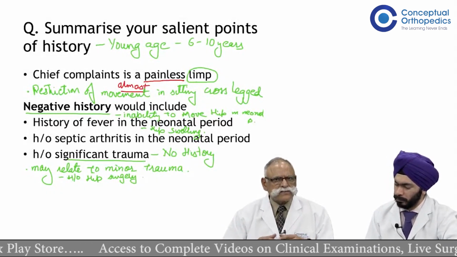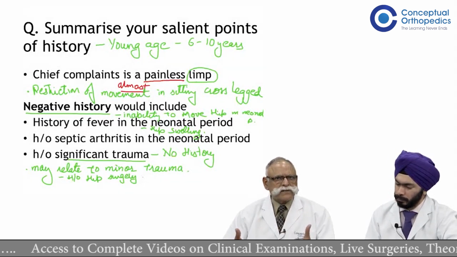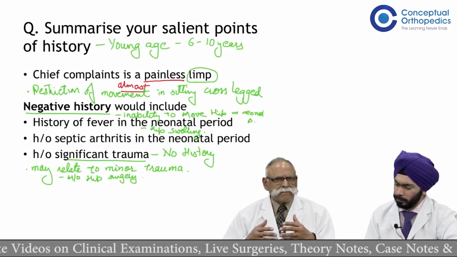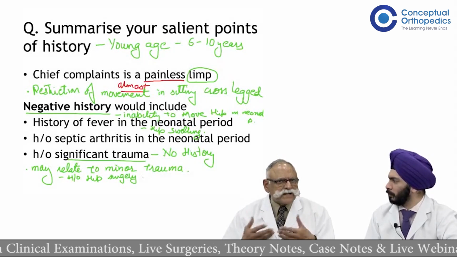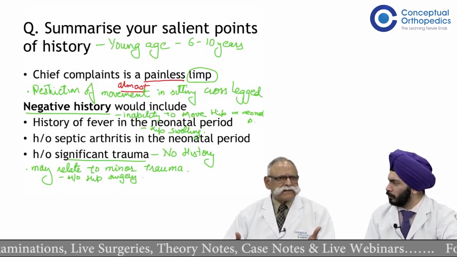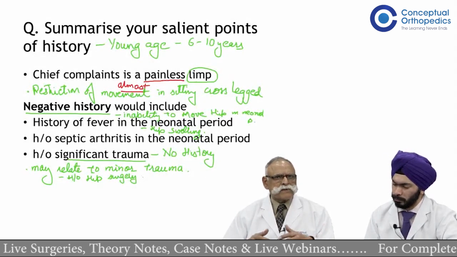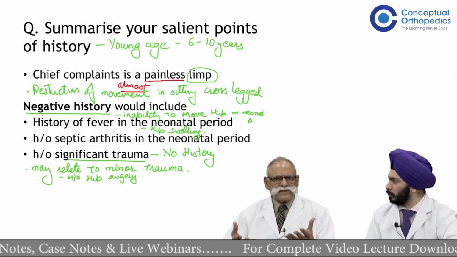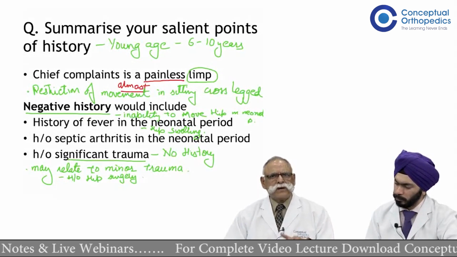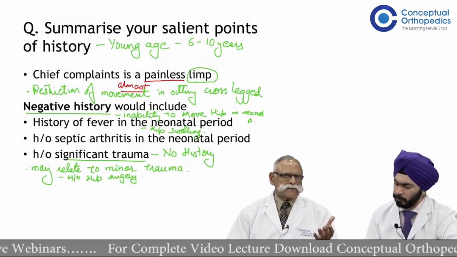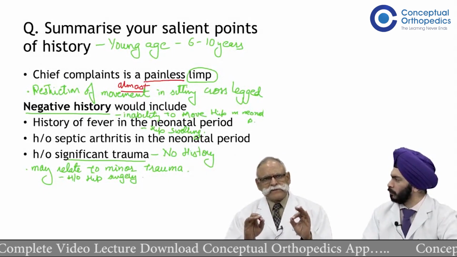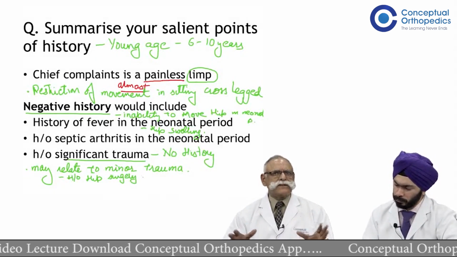This is just to exclude that it is purely an avascular necrosis, as opposed to Perthes disease, where the patient may just present to you with a painless limp. So, the classical history that the patient has in Perthes disease is a painless limp to start with.